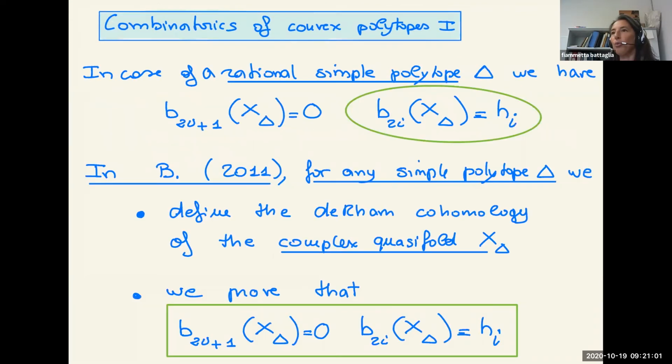Okay, so a classical result for toric manifolds is that the odd Betti numbers of the toric manifold are 0, and the even Betti numbers are given by the H vector of the polytope.